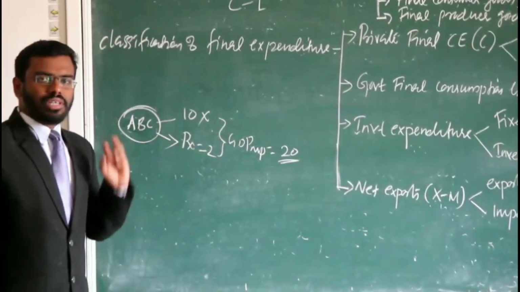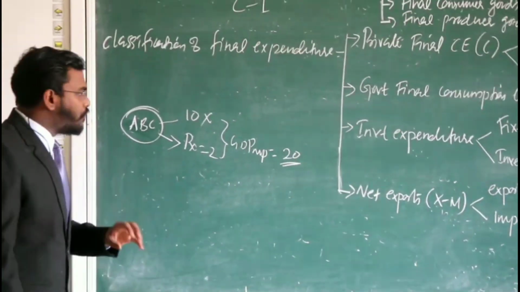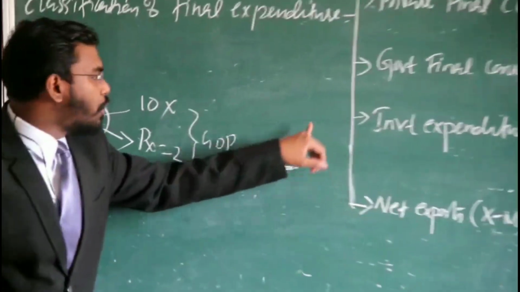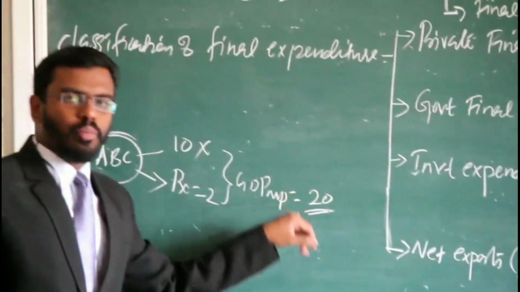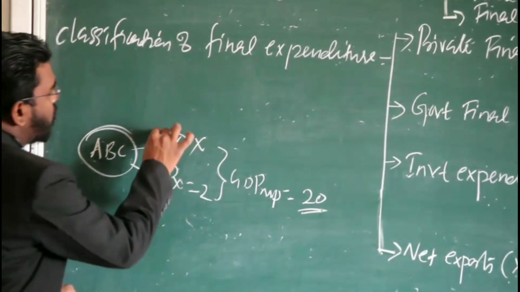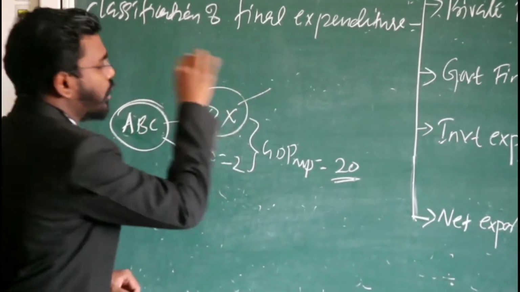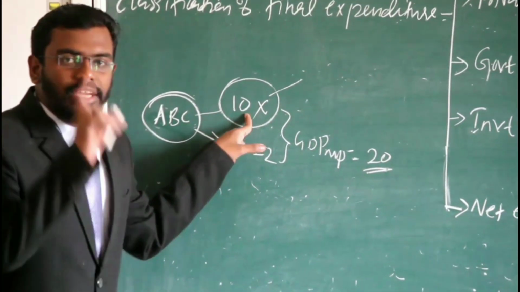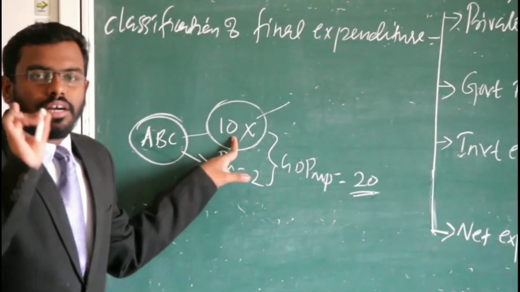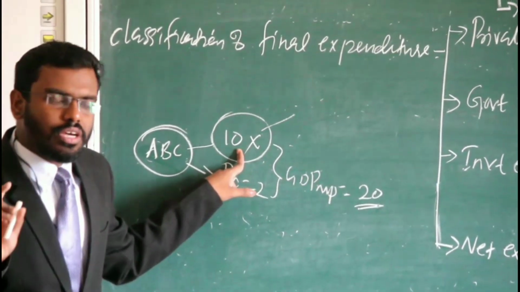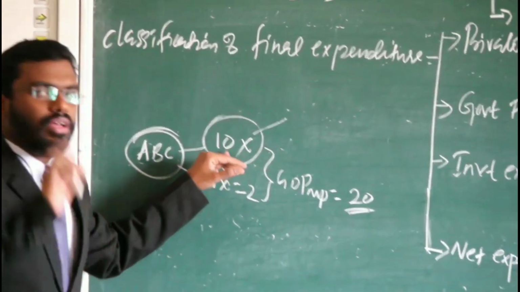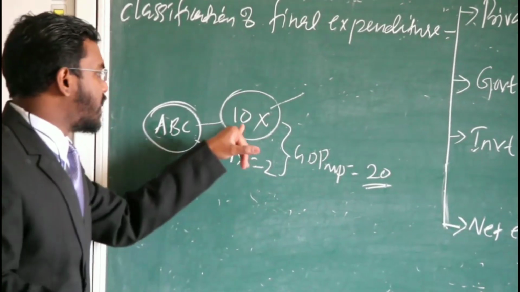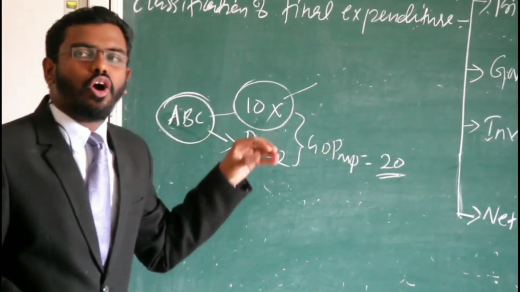At the same time, if the consumers as well as producers spend money for purchasing this domestically produced good, 10 units of X, which includes consumer goods as well as producer goods, then how much money will they spend?